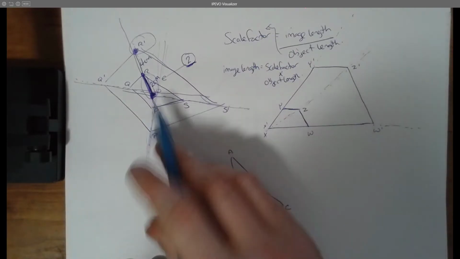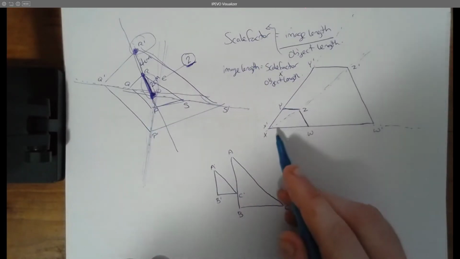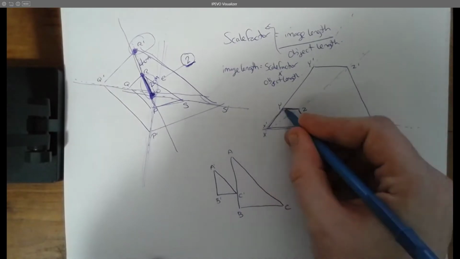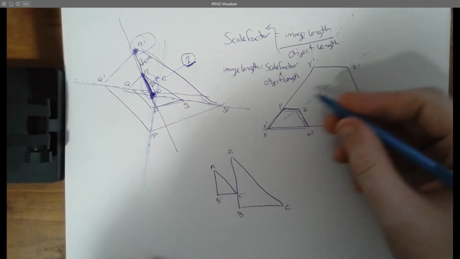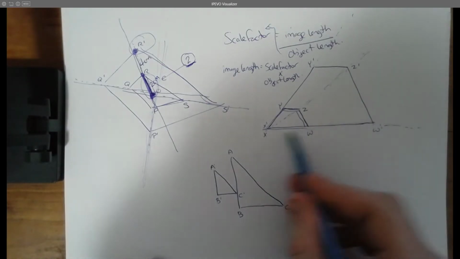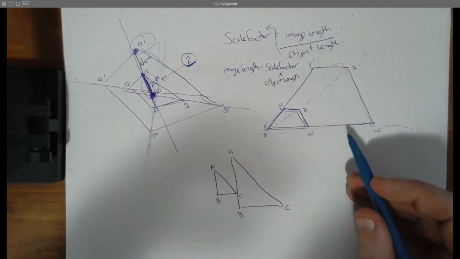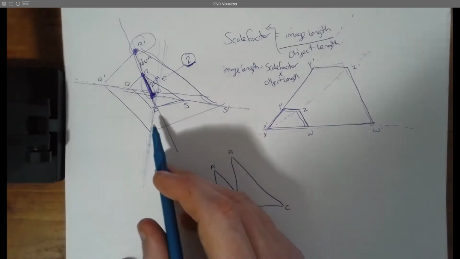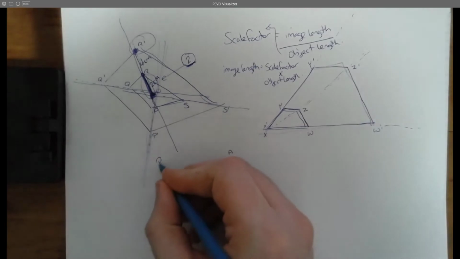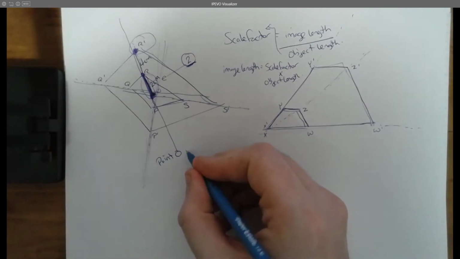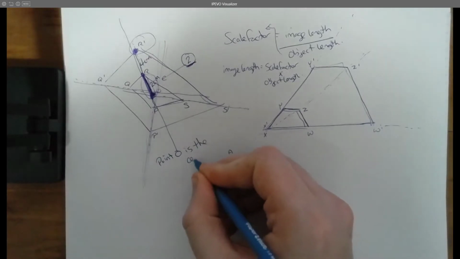Now this was a random point that's at the center. In this example here, you see I have W, X, Y, Z. I have the shape here. And then I also have W', X', Y', Z', this larger shape that kind of comes off of it. In this example, we had point O as the center of enlargement.